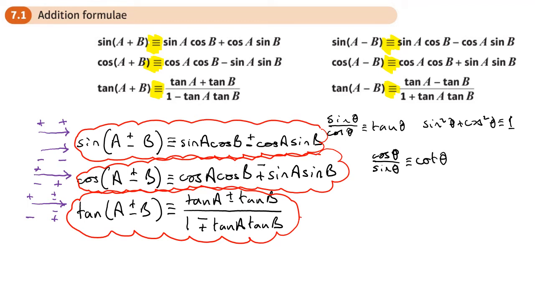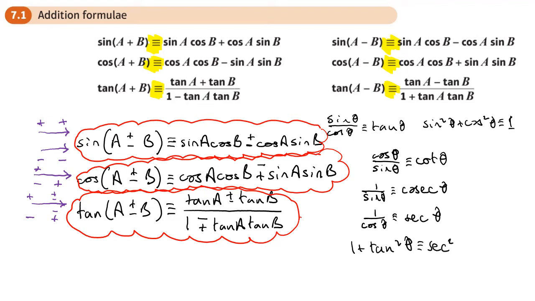We've also got 1 over sine is cosec. We have 1 over cos is sec, and then we have 1 plus tan squared is sec squared, and 1 plus cot squared is cosec squared.